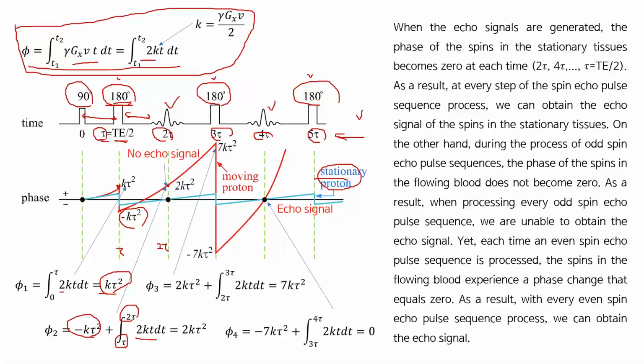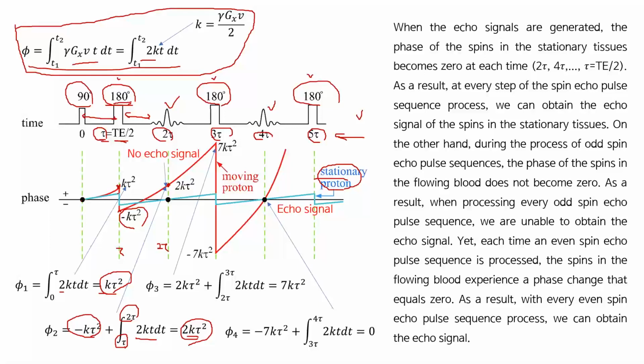So we can have the phase change at this moment is 2k tau square. Okay. On the other hand, the spins in stationary tissue just depend on time t.